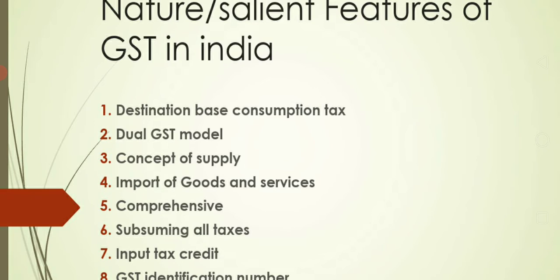However, the basic features of law such as chargeability, definition of taxable event and taxable person, measure of levy, including valuation provisions, basis of classification, etc., are uniform under both the laws. So when you observe the features, following are some salient features of GST in India.